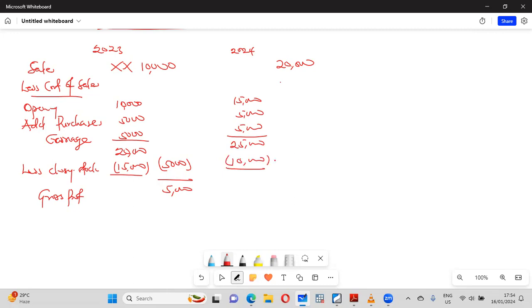So we will have here something like 15,000. And we will have our gross profit like 5,000. Now, assuming they tell us whether it is an error, whether it is an accounting policy change, that inside this opening stock, or most of the time this is coming from last year, so you won't get it like that. Inside this closing stock is a 5,000 that shouldn't be there.